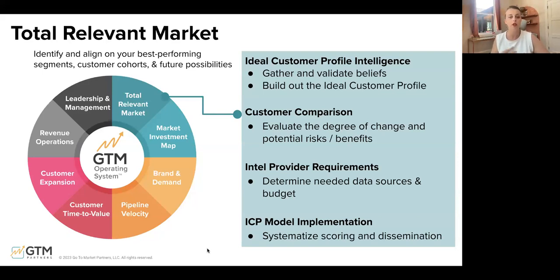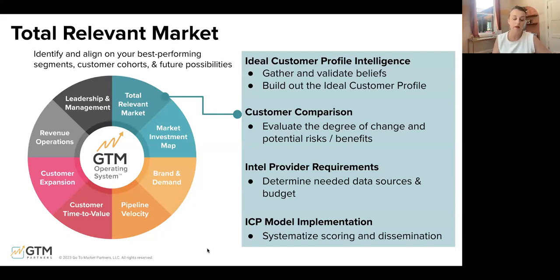But if we're looking to do something different, like go up market and really attract a completely new audience that we've never interacted with before, what is that shift in messaging, shift in behavior, shift in resources going to do to our existing customer base? And can we afford to do that? In addition, whenever we're talking about ideal customer profile, there's a lot of opportunity, there's a lot of different technology solutions that can help us scale that motion.